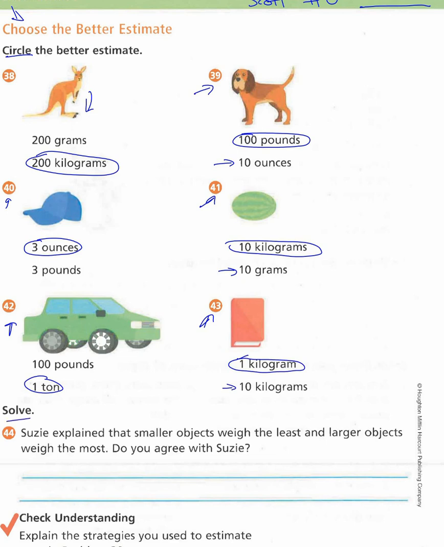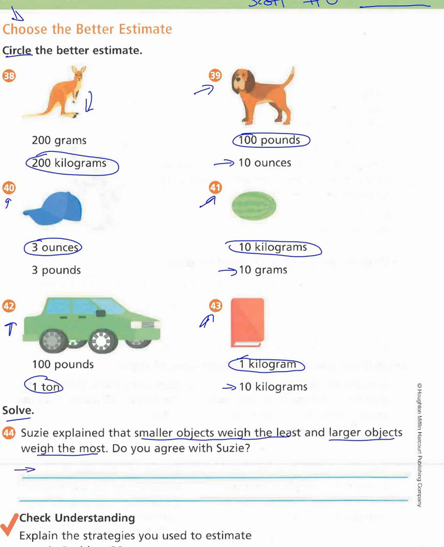All right, so now we have this bottom part. Number 44, Susie explained that smaller objects weigh the least and larger objects weigh the most. Do you agree with Susie? Smaller objects weigh the least and larger objects weigh the most. That's interesting.